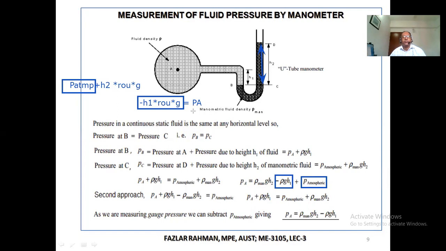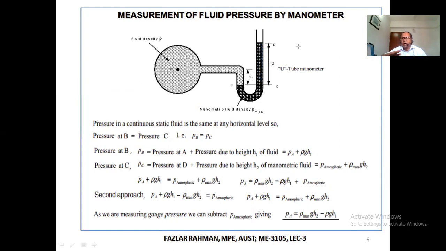Okay, so you have two options. At first, you look at the problem, then figure out where you can take two points where pressure is the same. You cannot take right over here because pressure is not the same. You are not passing through the same fluid.